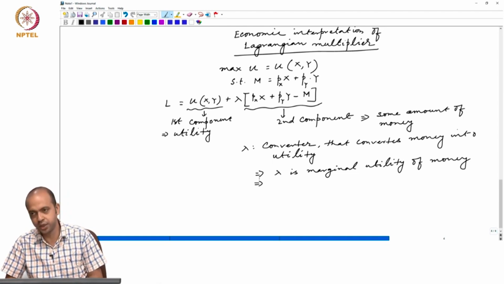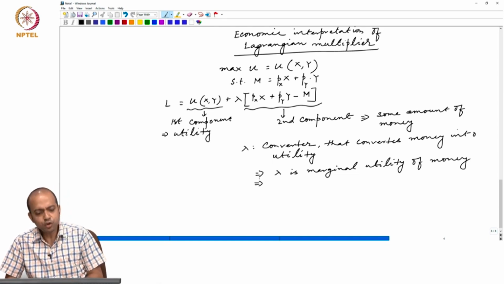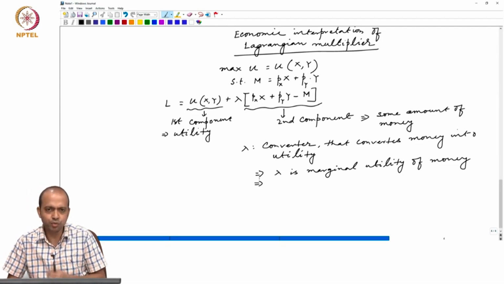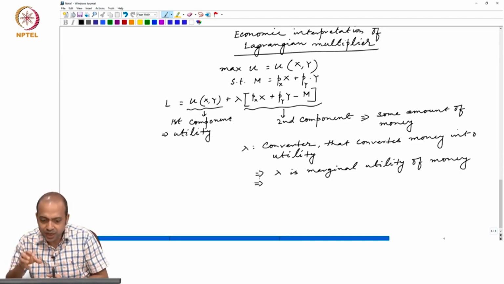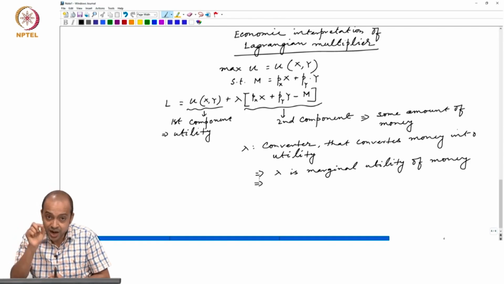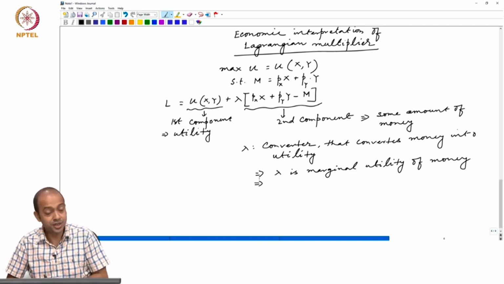What we are doing actually, suppose you have m amount of money and you already spent it on buying two goods x and y. Your total money is exhausted. So, when your budget is totally exhausted, at that point of time, if I give you additional 100 rupees, what is the utility of that 100 rupees? That is what we are talking about.